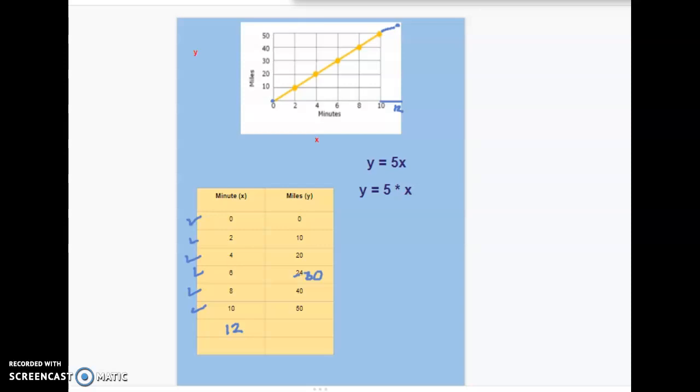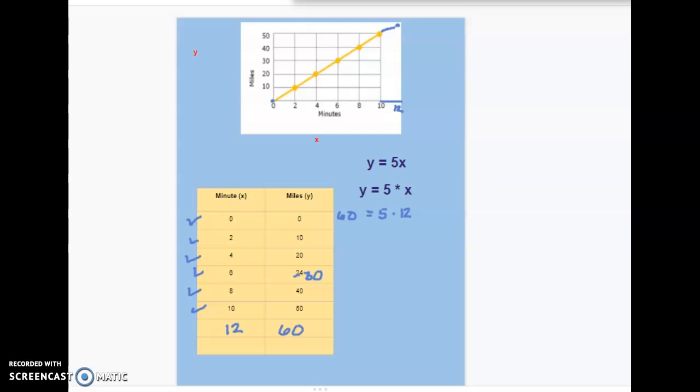Well, if I take this 12, because that's my x value, and plug it into the equation and work backwards, I can see that 5 times 12 is 60. So my y value would be 60. So over 12 and up 60 is right here.